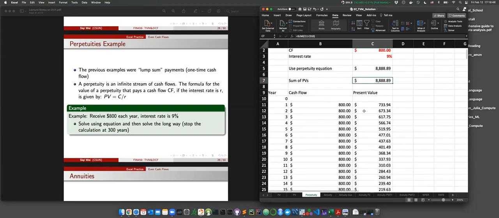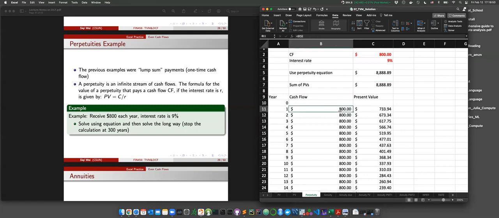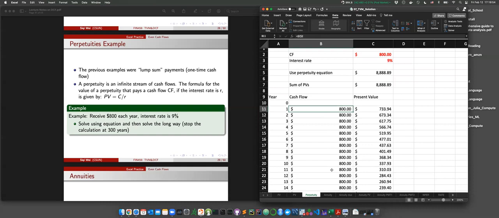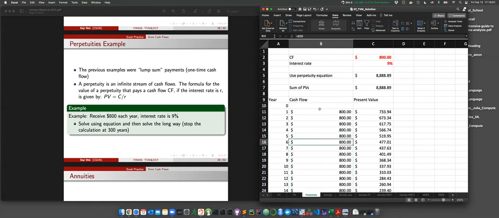If you look at this cash flow diagram, I input all the intermediary cash flows here under the B column. I discounted back every single cash flow, every single period, to the present.